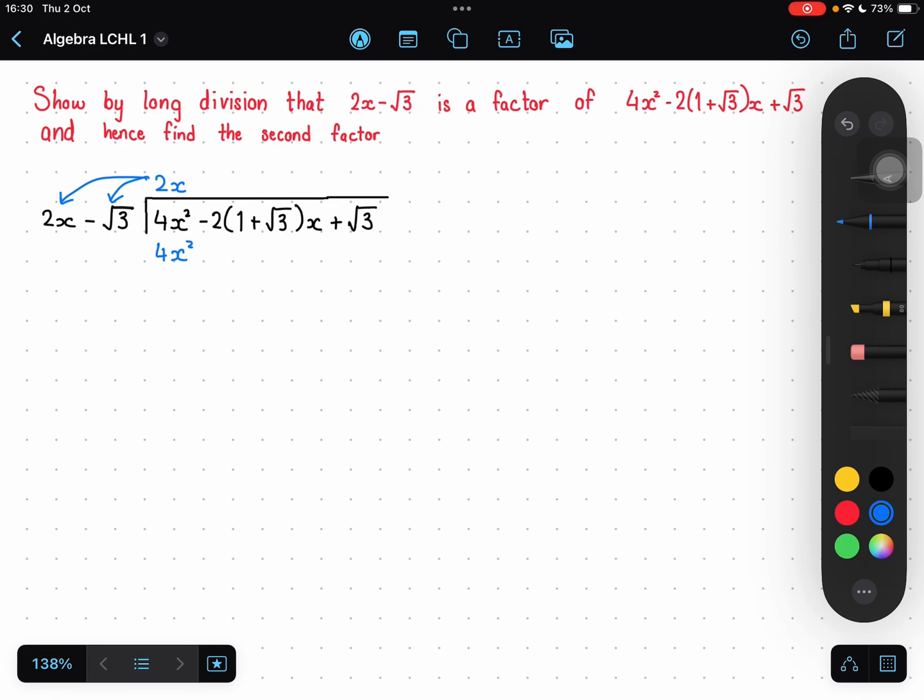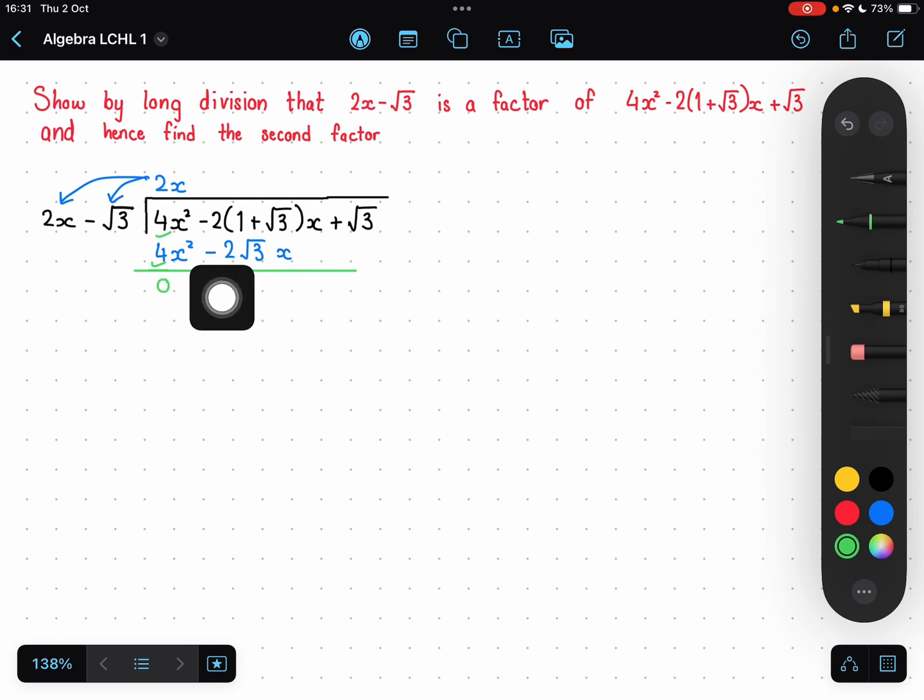I'm going to have here minus 2 square root 3 times x. So I need to figure out what has not been counted for. I have counted for my 4x squared and a minus 2 by square root 3 times x. So what have I not counted for? I have this counted for using this, so that's going to give me 0.